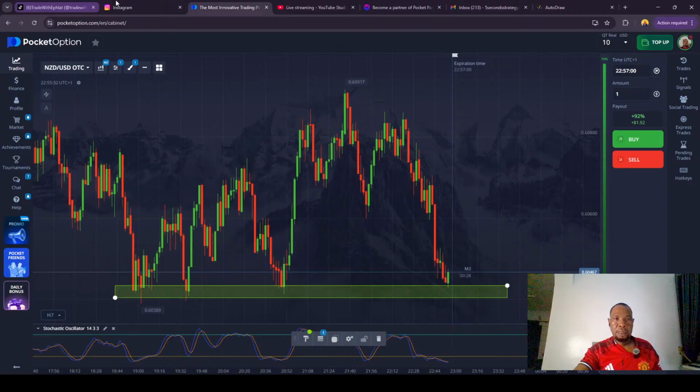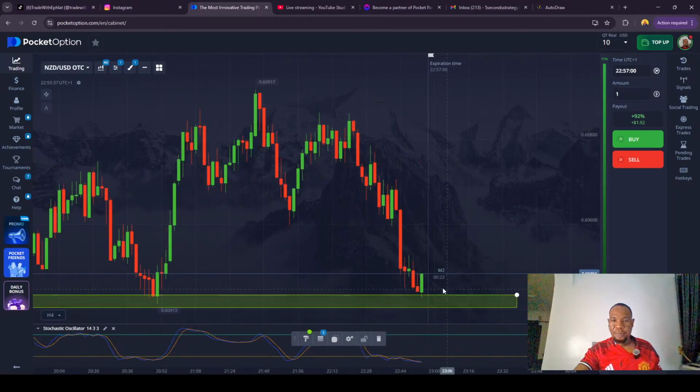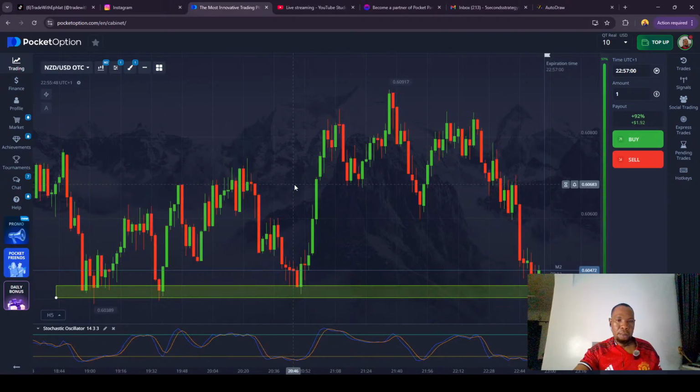And after this bounce, there's high probability that this trend is going to continue going up, just like it did over here.